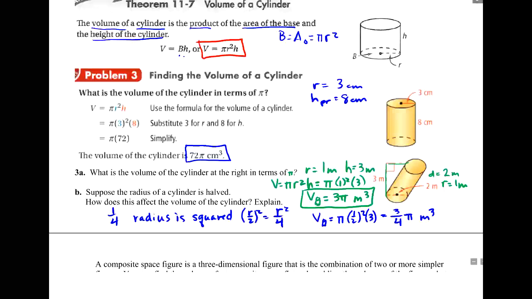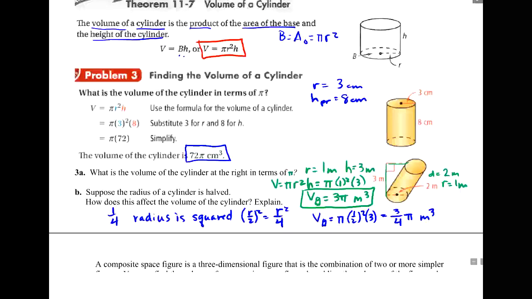So if we look here and use a half a meter for our radius instead of 1 meter, we get 3/4 pi meters cubed, which is dividing the previous one by 4. All right, cylinders, they're awesome.